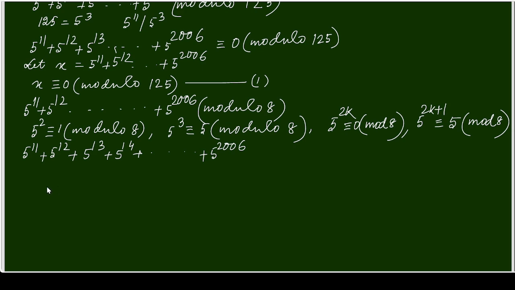So how many numbers are there? It will be 2006 minus 11 plus 1. That number is 1996.